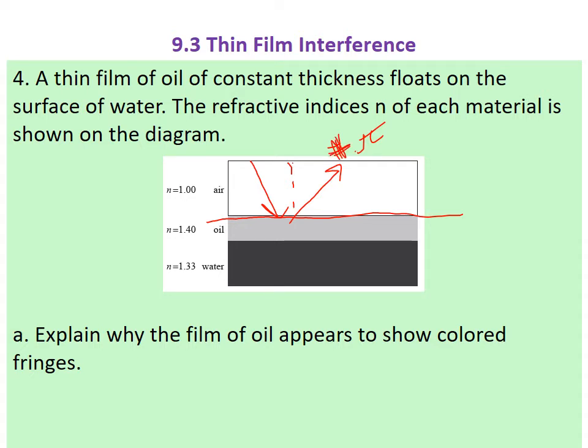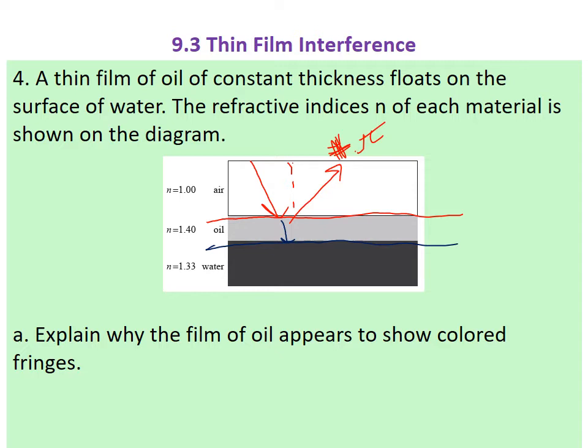Some of the light, however, gets refracted, and then this light also reflects off of the oil-water boundary. When it reflects off of a lower index of refraction, like between oil and water, there is no phase change.